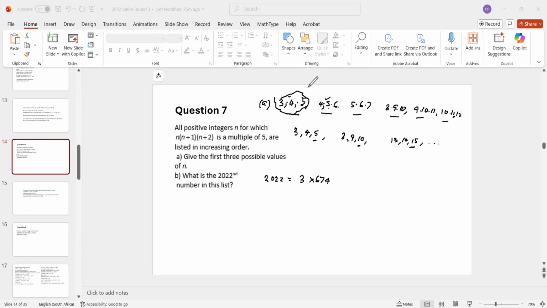All right. So you got this position 3, 6, 9, and so the 674th group will have the 2022nd number.